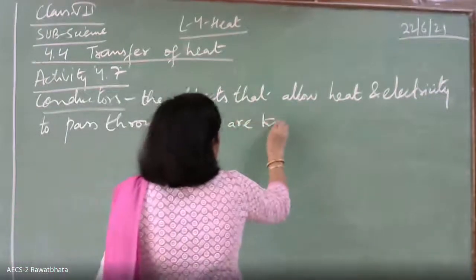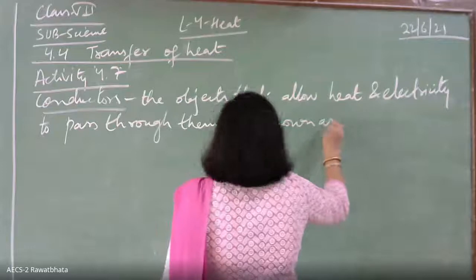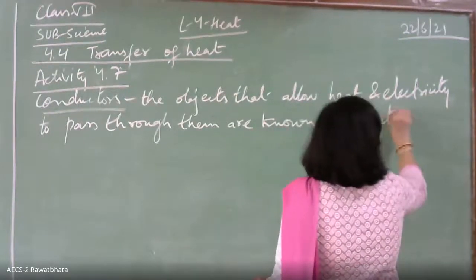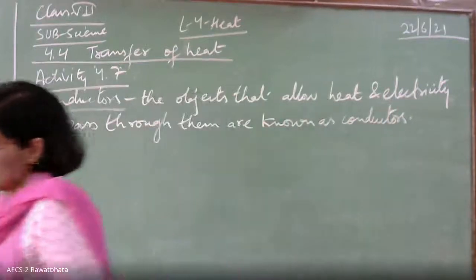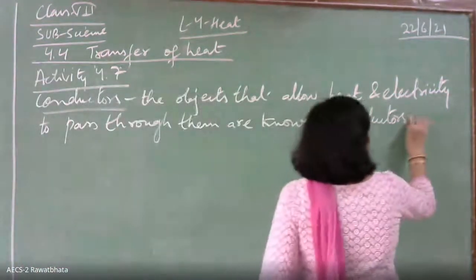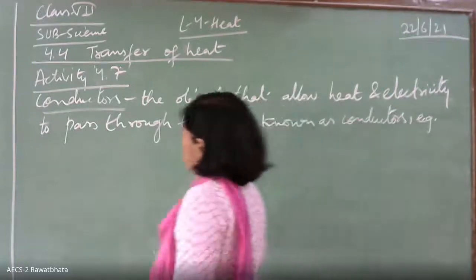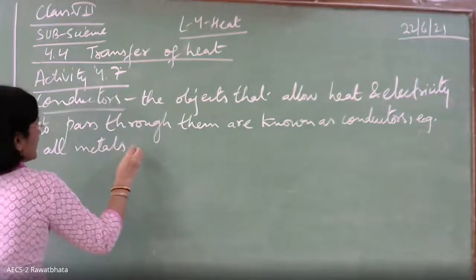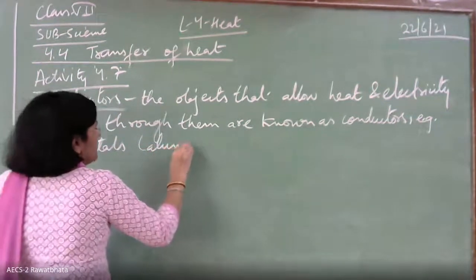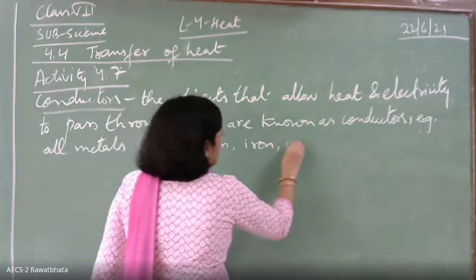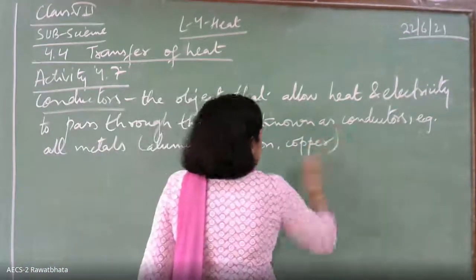For example, all metals. It may be aluminium, iron, copper, etc. These are the commonmost metals around us.